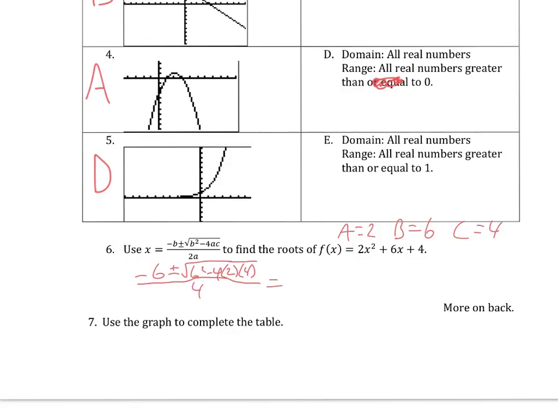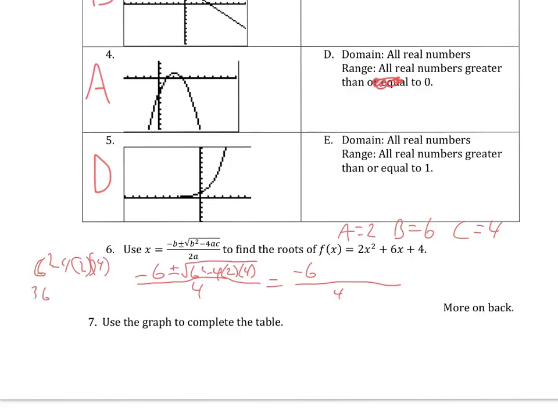Now we just have some simplifying to do underneath that square root. Let's see, 6 squared minus 4 times 2 times 4.